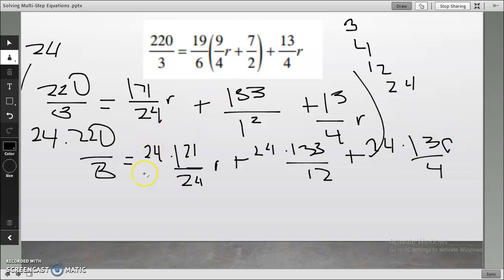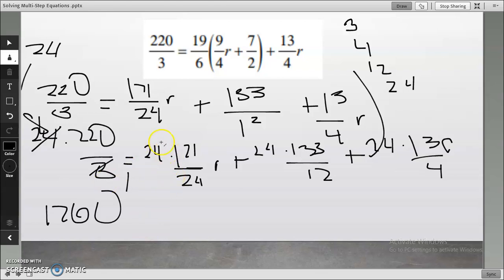Right? So 3 goes into 3 one time, 3 goes into 24 8 times, and that gives me 1760. I think that's right. Yep, 1760.